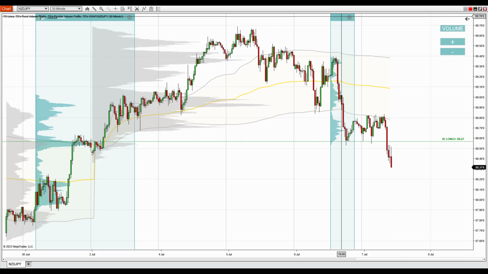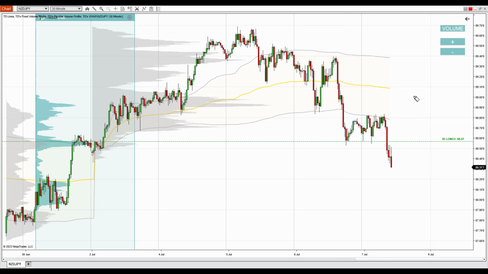And let me just delete this. When the price is below the first deviation of a VWAP, like in here, the price was moving below it, then it tends to work as a resistance. The first deviation of a VWAP, if the price is moving below it, tends to work as a resistance.